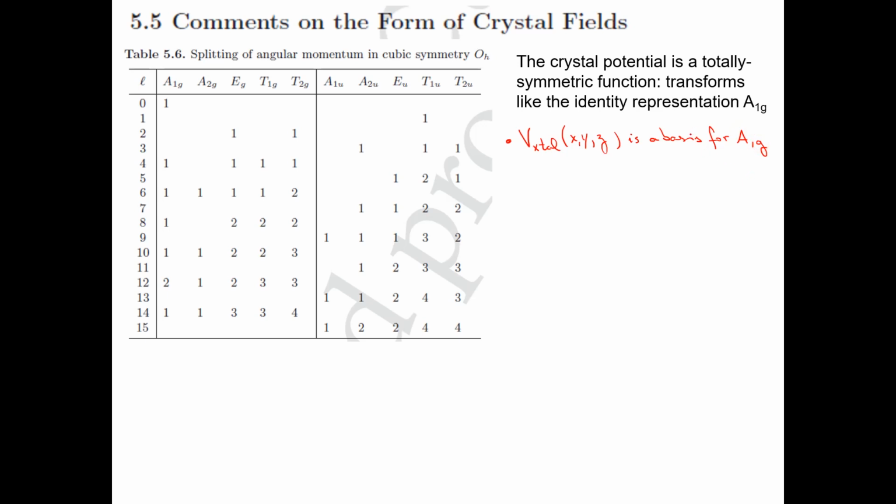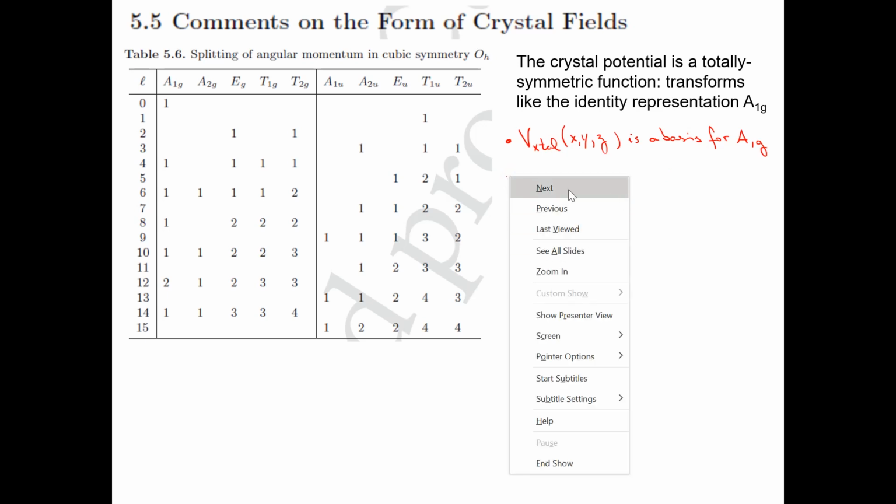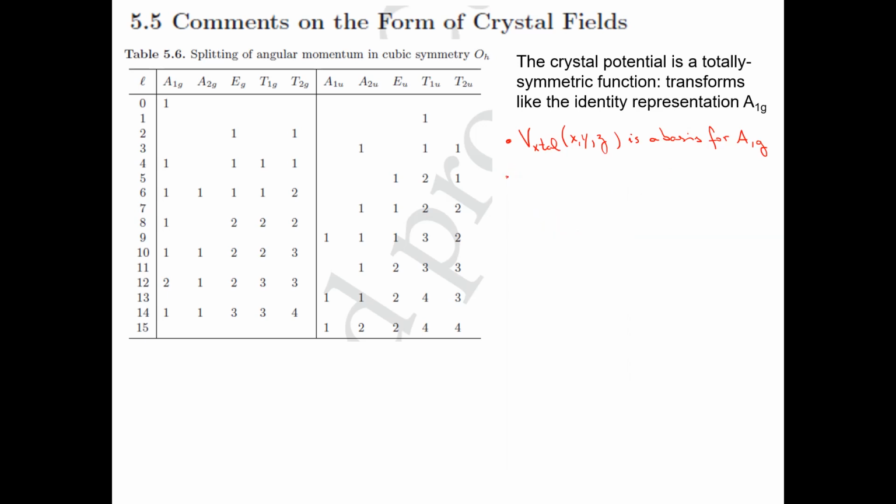Because essentially it's a function that goes into itself for any symmetry operation of the group. Okay? So using the notation that we have developed in this chapter, we can, in other words, write V crystal, this very complicated function of x, y, and z, as a basis function of A1G.